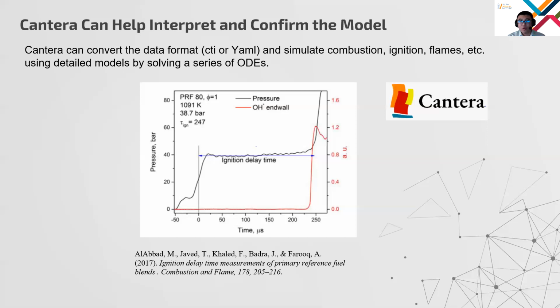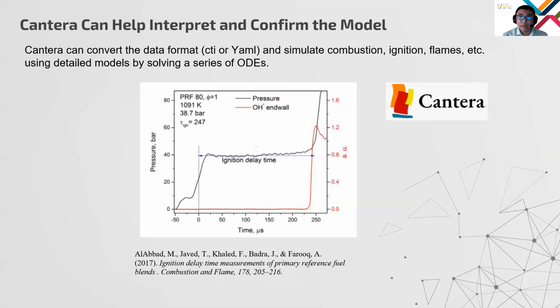So here's an example of simulating ignition delay time in combustion in Cantera. Ignition delay time is the time interval between the fuel entering an engine and the real combustion happening. During this time, a lot of runaway chemical reactions happen.